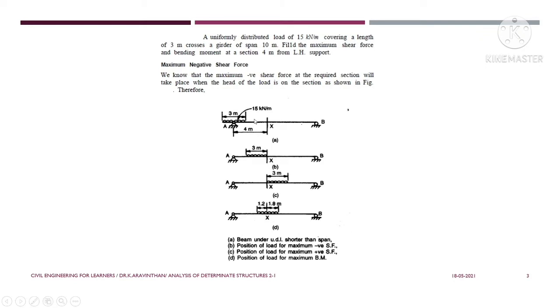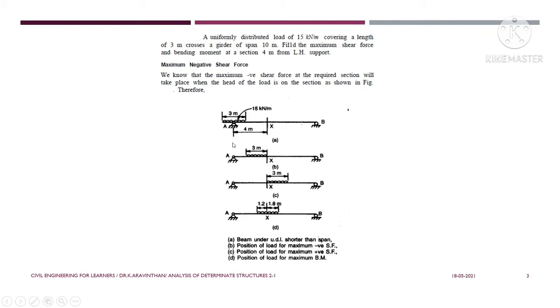When the UDL crosses the span, slowly what happens is the reaction at A reduces and the reaction at B increases until the half point. After the midpoint, the support reaction at B takes more load and A takes less load. So for the moving load, you have a variation of reaction.